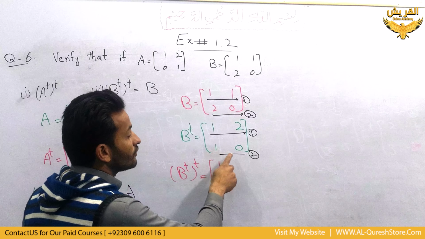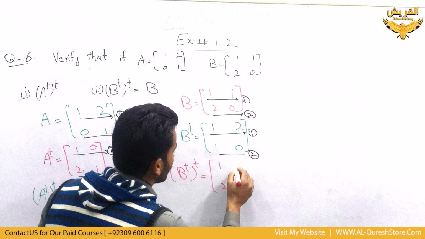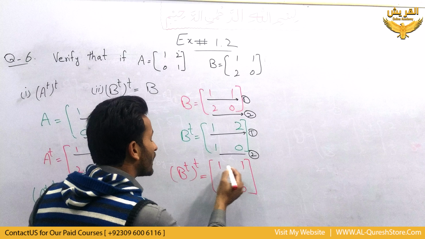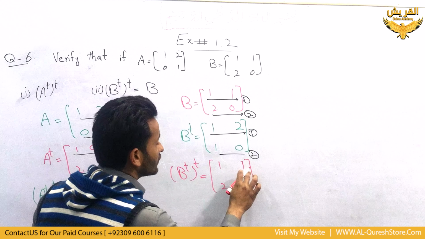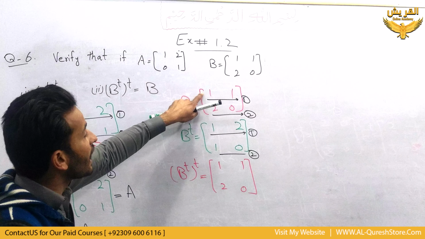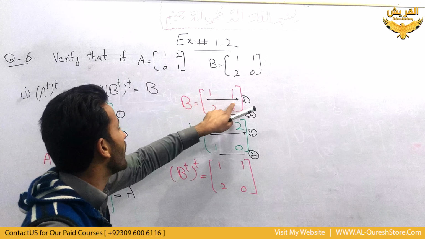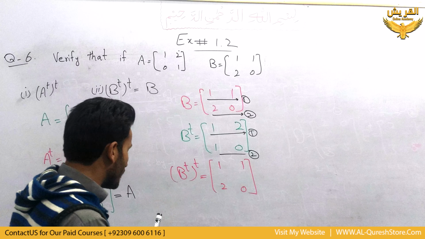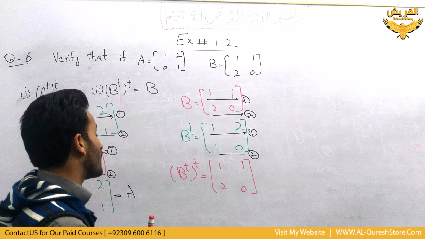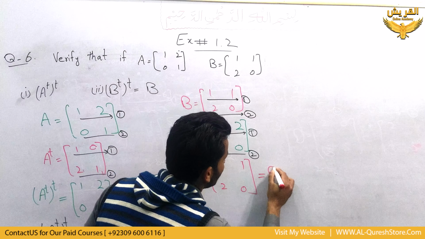Second row having entries 1 and 0 changes into second column 1 and 0. So B transpose transpose is matrix [1 1; 2 0], which has the same entries as B, [1 1; 2 0]. Same order, same columns. So these matrices are equal. So B transpose transpose is equal to B.